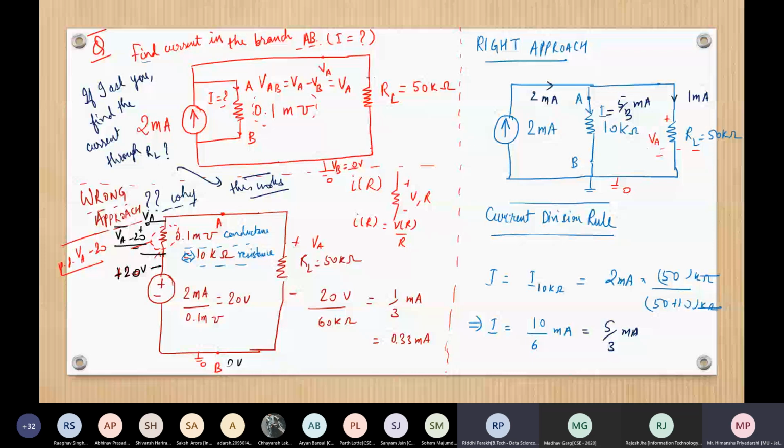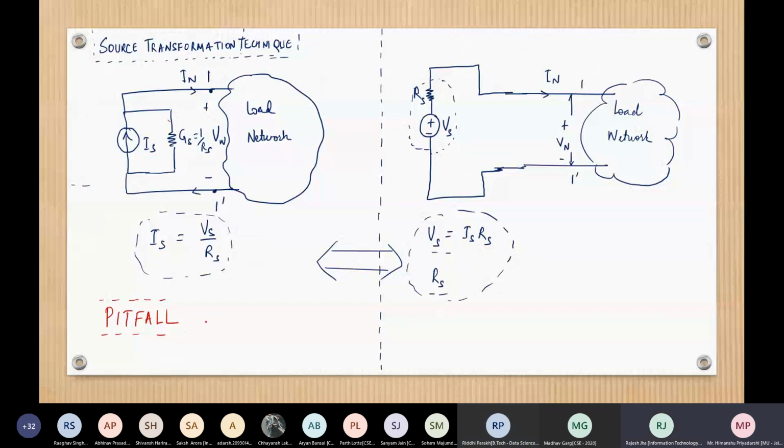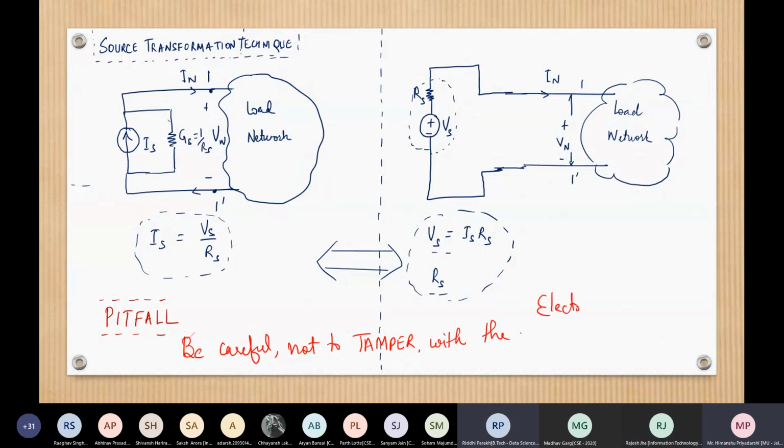So the pitfall, if you ask me, is to be careful not to tamper with the electrical characteristics of interest.